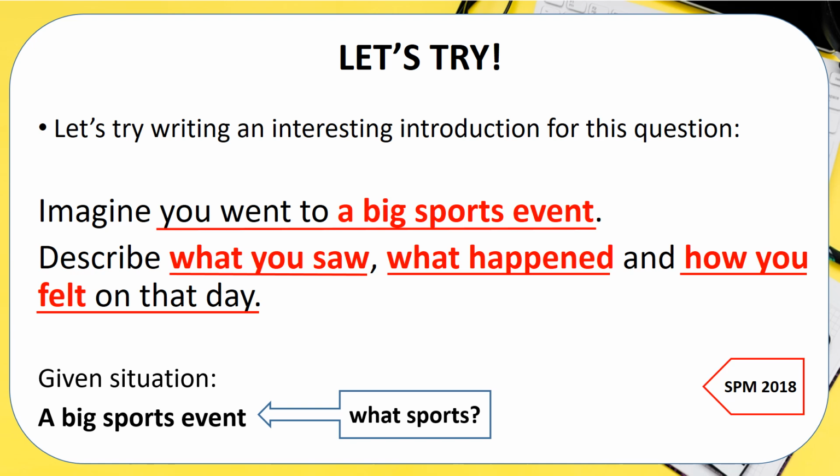Is it a sports tournament? Is it a tennis match? So you decide which sports event you want to talk about. So look again, is there any specific word that makes the requirement specific? Yes, the word a. So meaning that only one sports event.